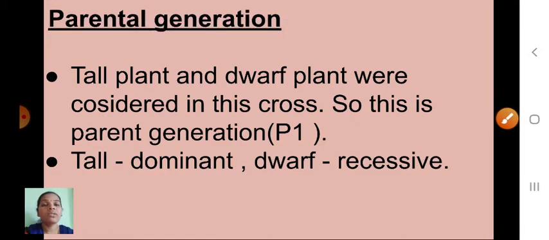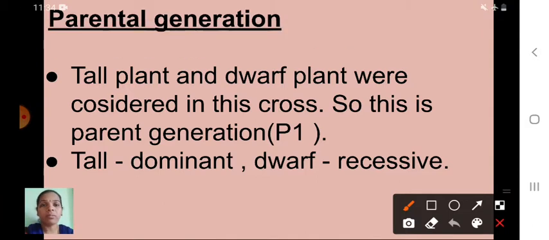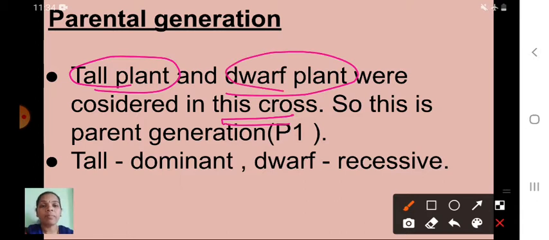Okay, next one. Children, parental generation. The plants which Mendel crossed are called what? Parents. So a tall plant and a dwarf plant were considered in this cross. This tall plant and dwarf plant are the parent generation, that is P1.